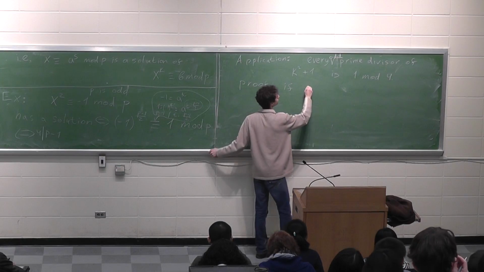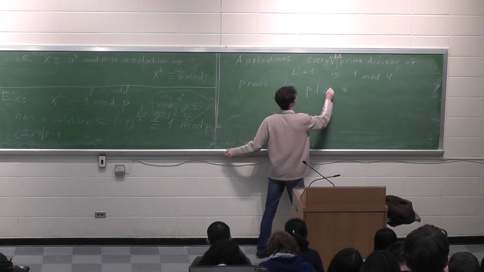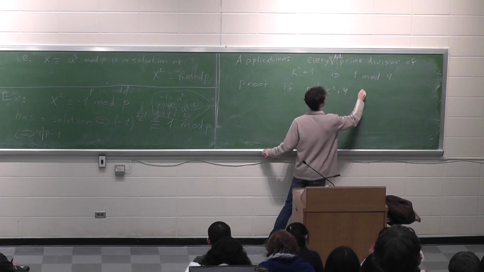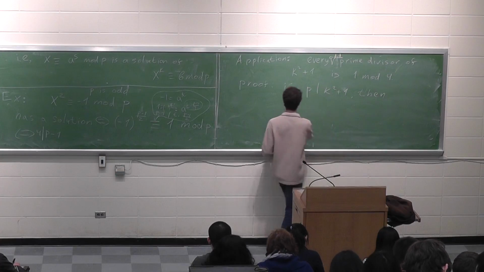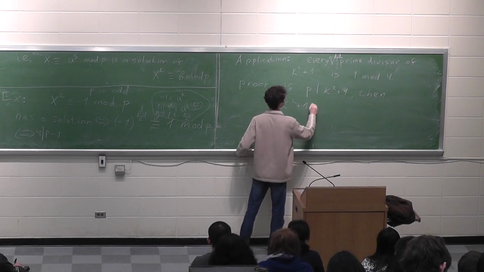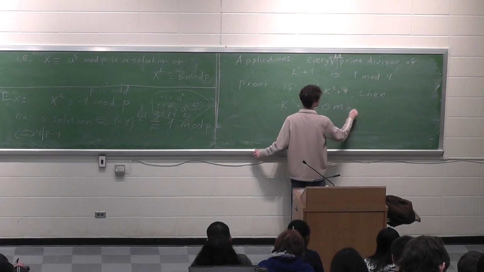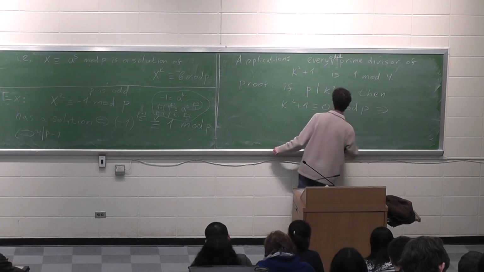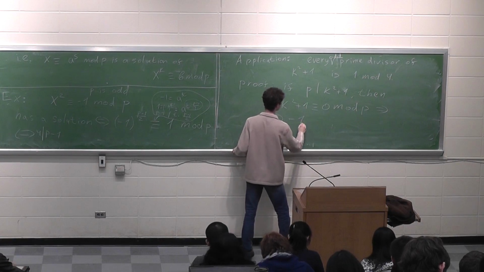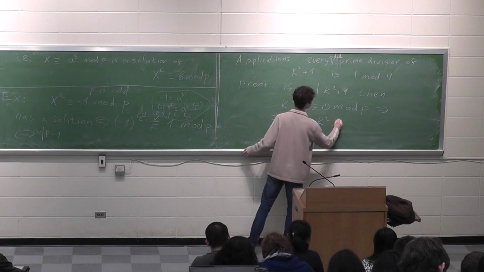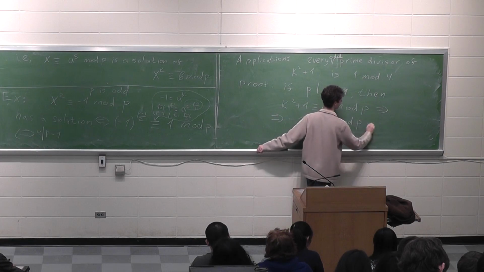If p divides k squared plus 1, then k squared plus 1 is congruent to 0 modulo p, then minus 1 is congruent to k squared modulo p.